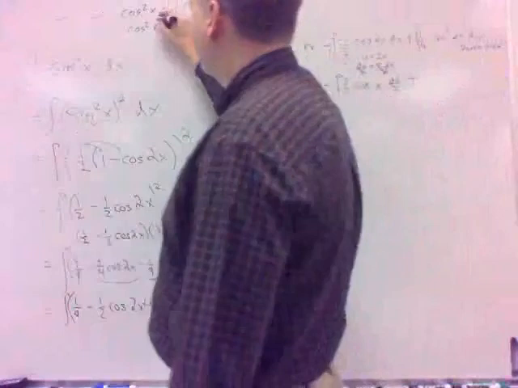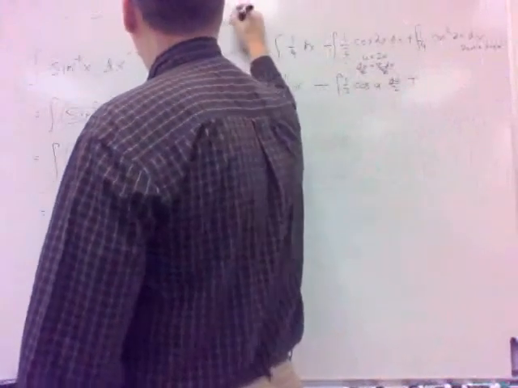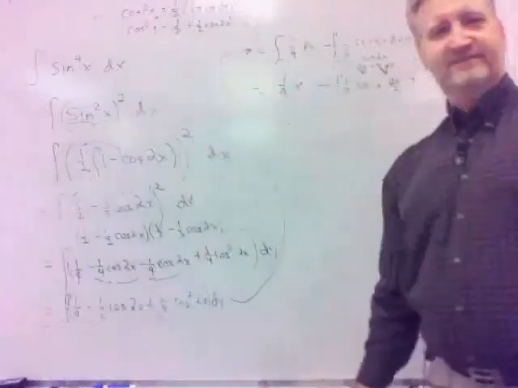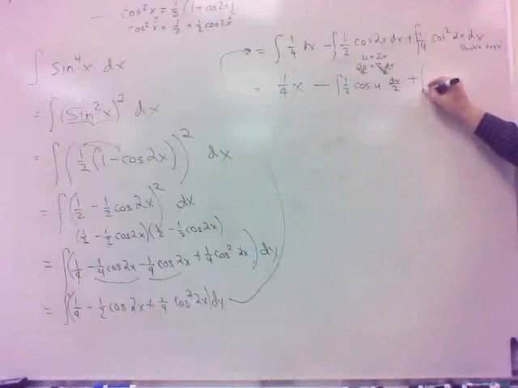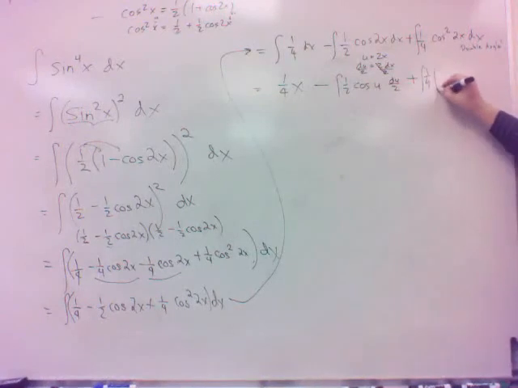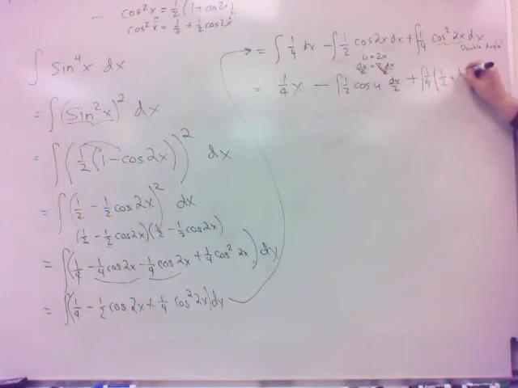So I'd put 2x instead of x, wouldn't I? Which would make this 4x. Okay, so this would be the integral of 1/4 cosine squared 2x. I'm going to make that substitution. It would be 1/2 plus 1/2 cosine 4x dx.